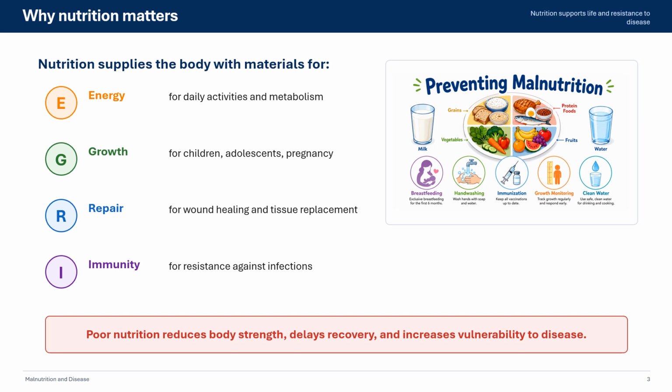It affects people of all ages, but it is most common among infants, children, pregnant women, and the elderly. In general, poor nutrition reduces body strength, delays recovery, and increases vulnerability to diseases. Hence, there is need to develop strategies for preventing malnutrition.